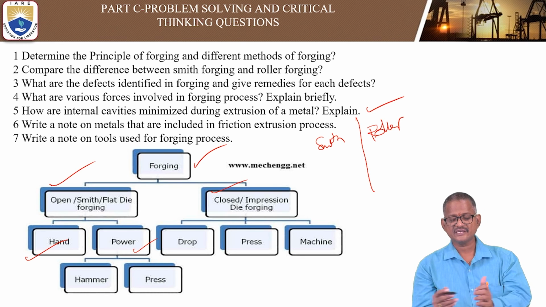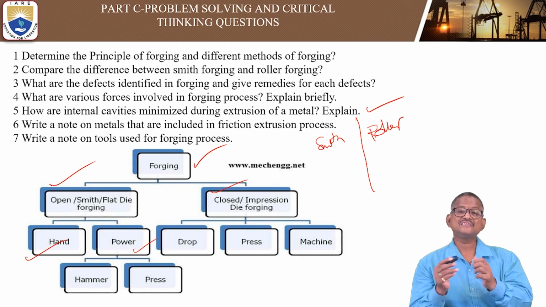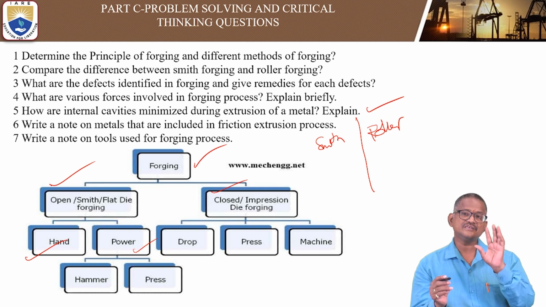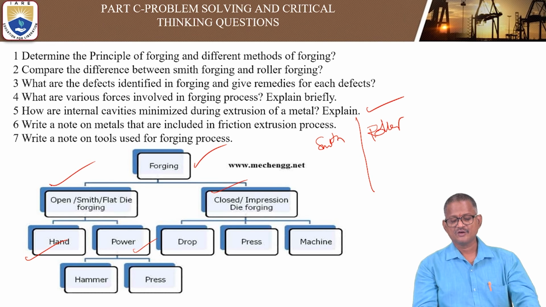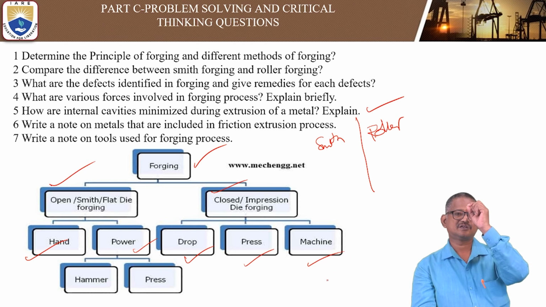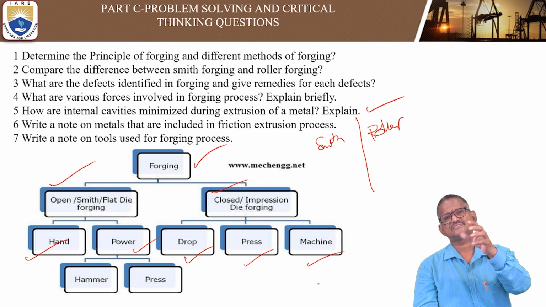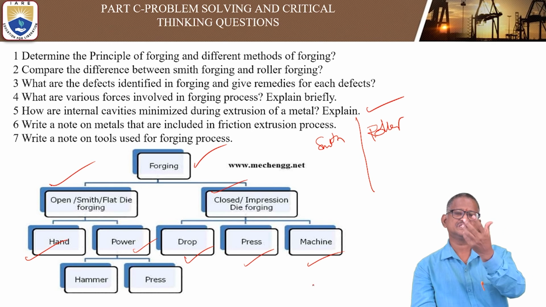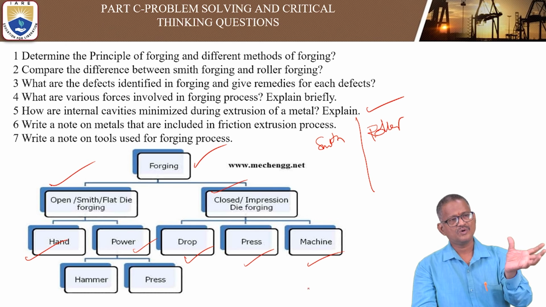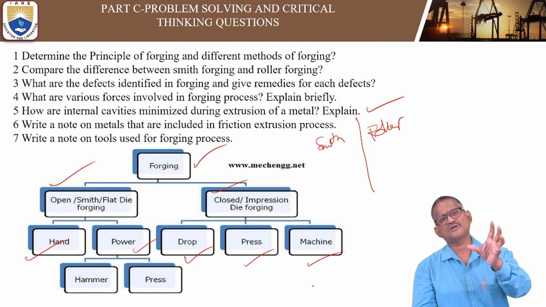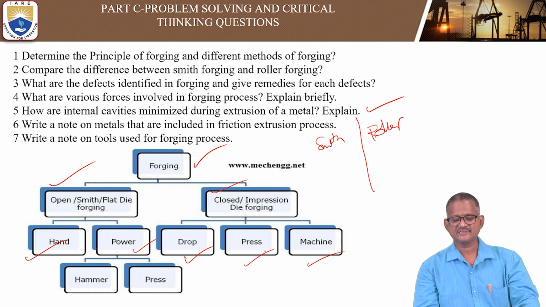Closed die forging, or impression die forging, can basically be divided into three types: drop forging, press forging, and machine forging. The best examples of drop forging are connecting rods and wrenches. Press forging uses mechanical, electrical, or optical presses, and large-sized components can be easily made with presses.